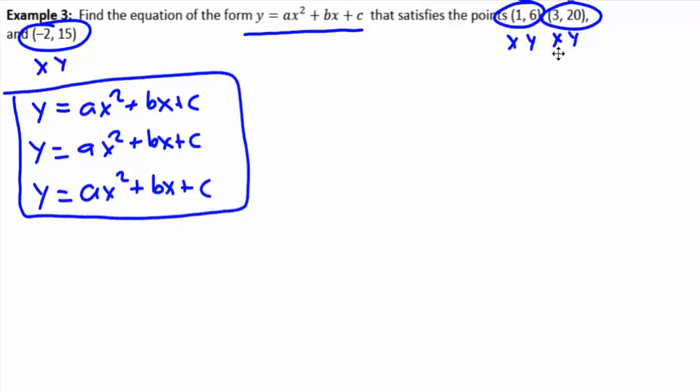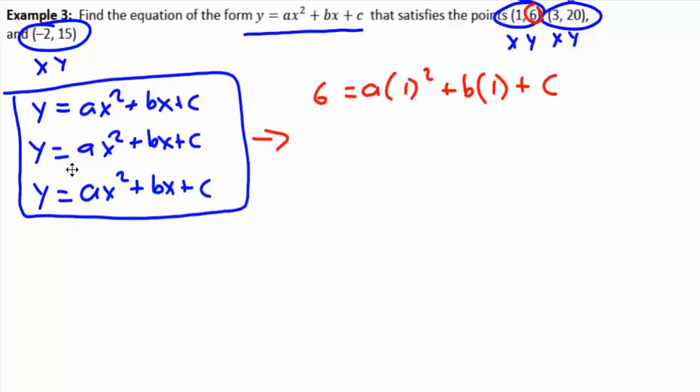We know y. So for the first one, y is 6. See? 6 equals a times 1 squared plus b times 1 plus c.